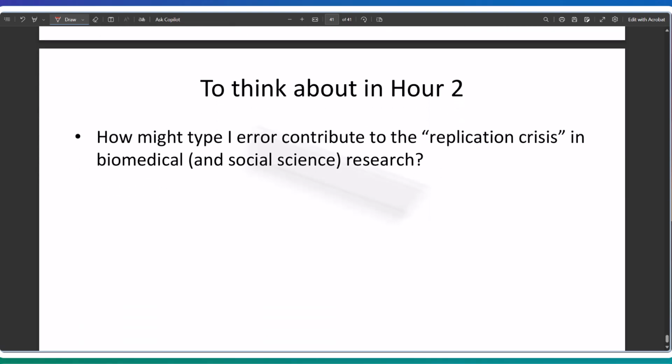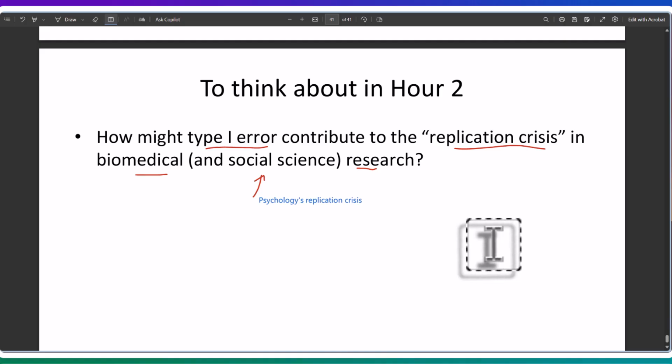So what I want you to think about is how might type 1 error contribute to the replication crisis in biomedical research. And of course, this isn't limited to biomedical research. Psychology's replication crisis is an even bigger issue.